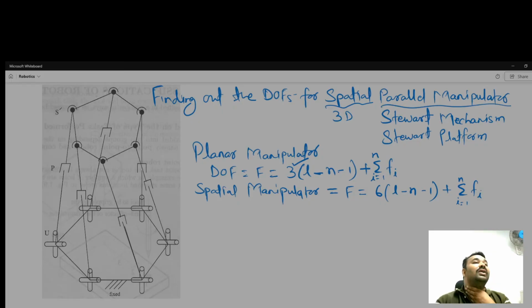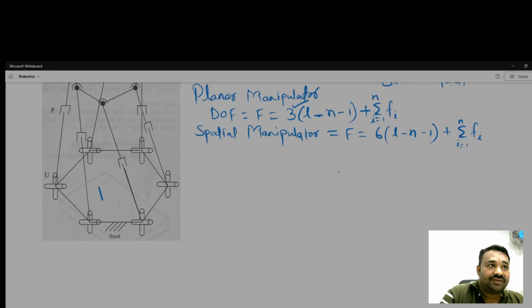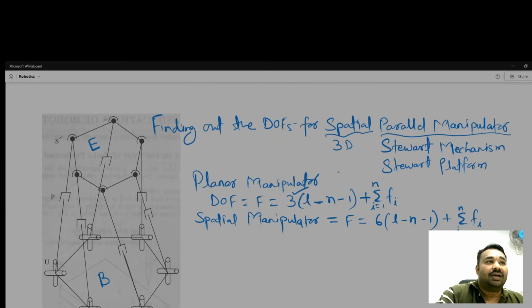Okay, so this is the schematic of the parallel manipulators. So why do we say parallel manipulator? Because all the arms are parallel to each other. This is the end effector, and just below this is the base of the manipulator. And what about links? You can see here prismatic links are connected by the prismatic joints, so 2 links are there.